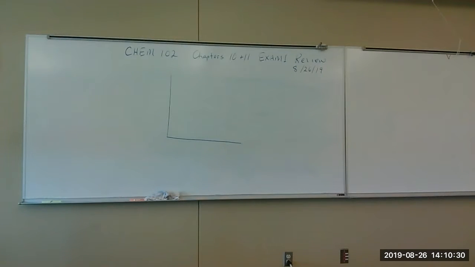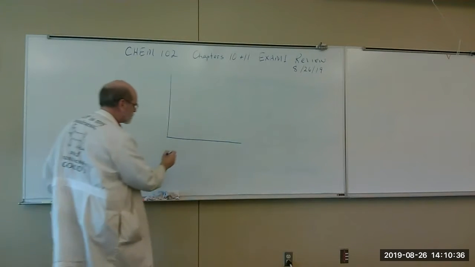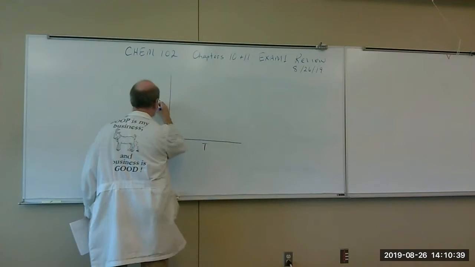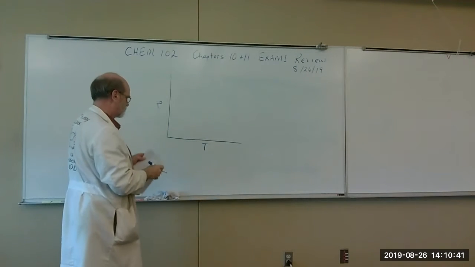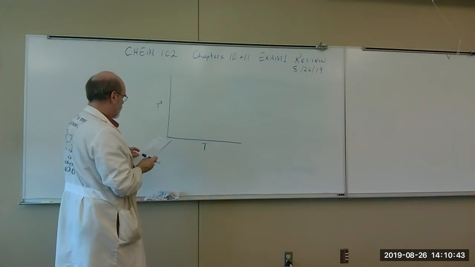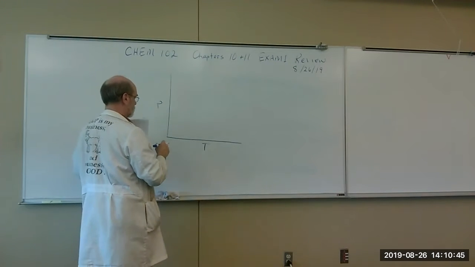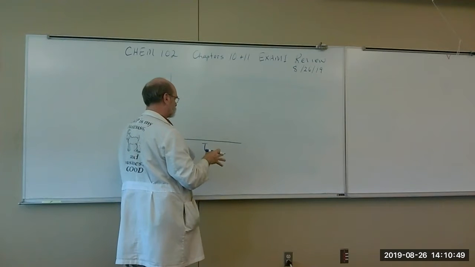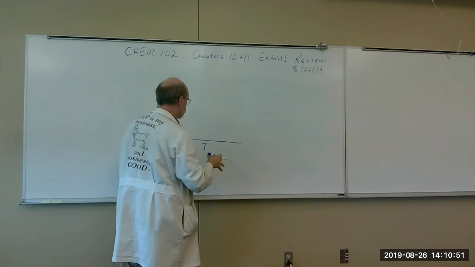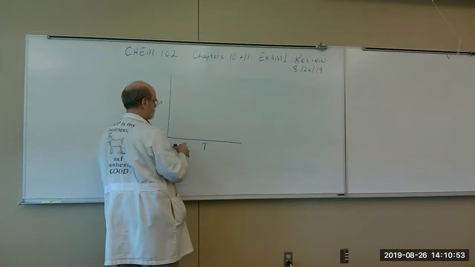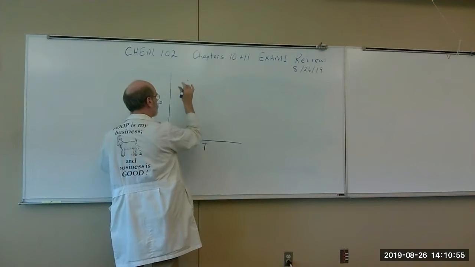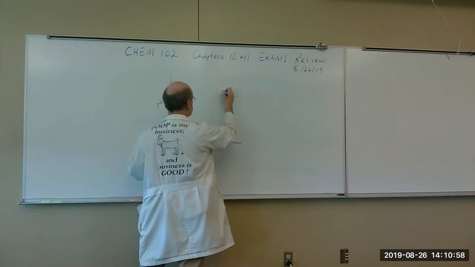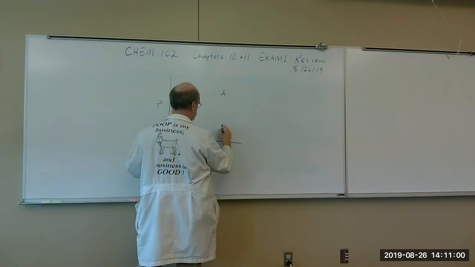Hold on a second. Yeah, temperature's here, pressure's there. Okay. So, generally speaking, the solid is going to be in this zone, the liquid's going to be in this zone, and gas is going to be in this.